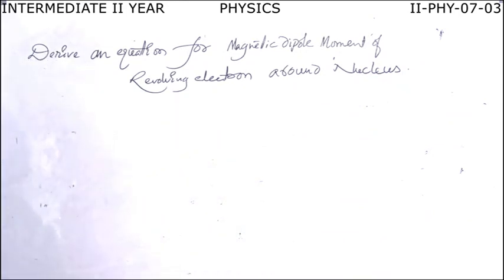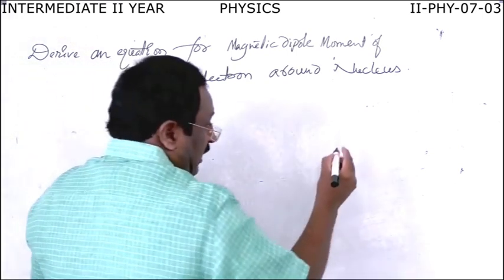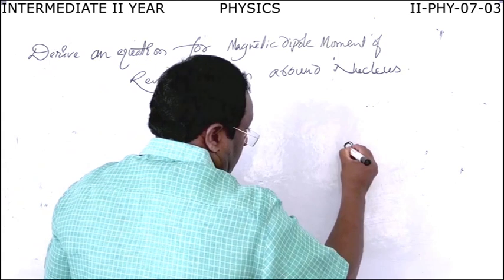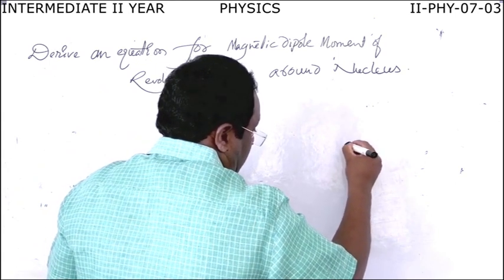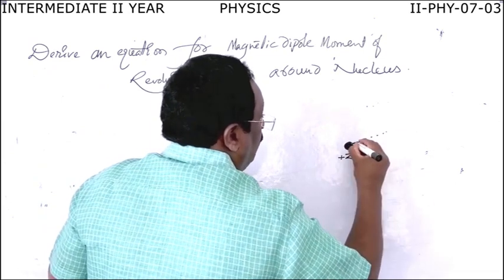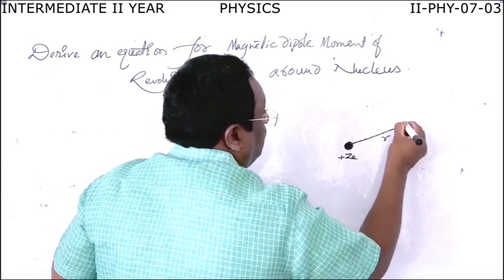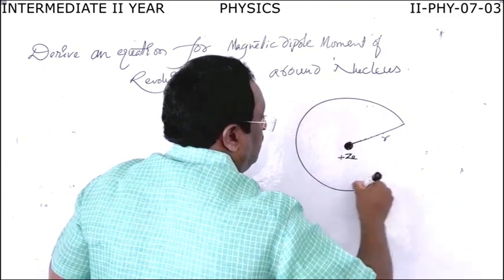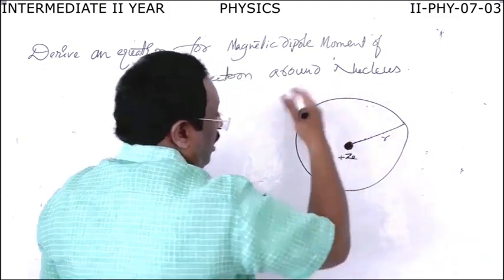Let us consider an electron revolving in a circular orbit of radius r. So this is the nucleus, and this is the circular orbit.